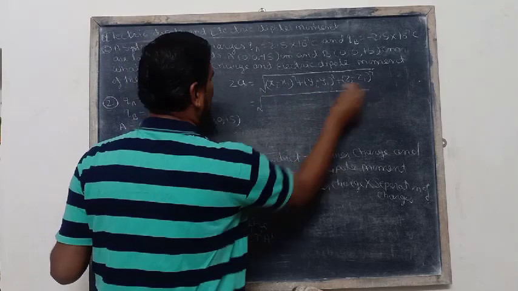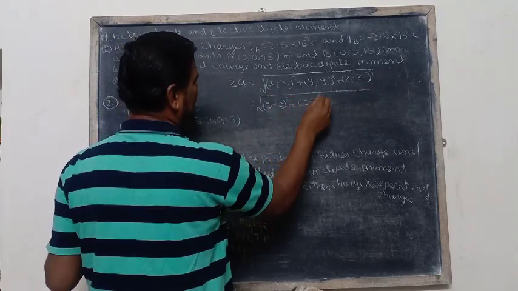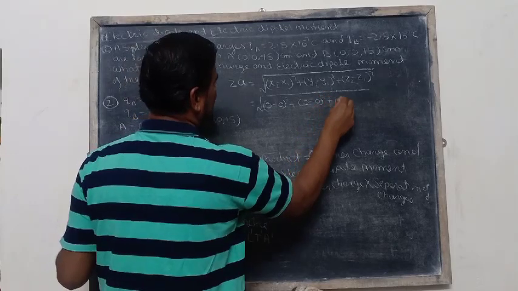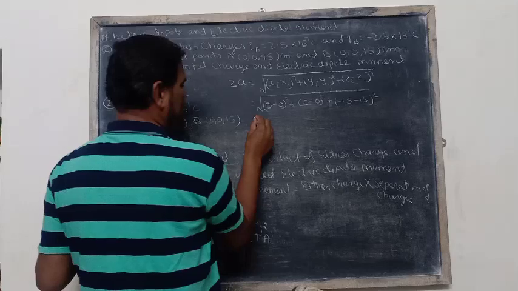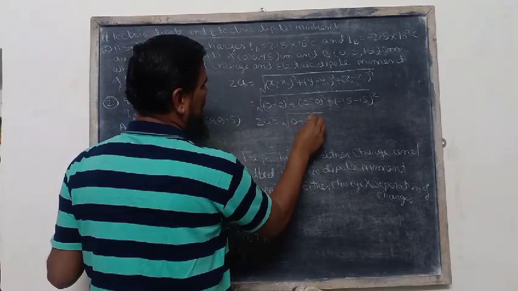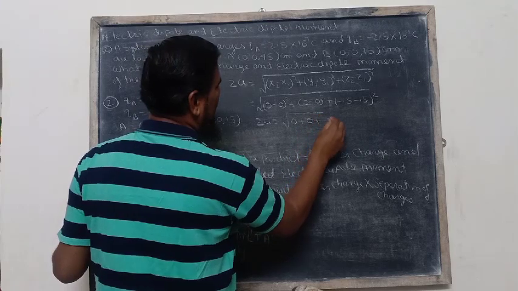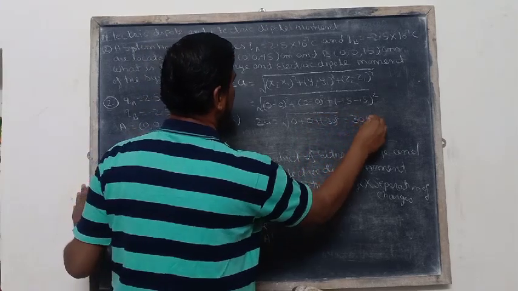Putting in the values, 0 minus 0 whole square plus 0 minus 0 whole square plus minus 15 whole square, so the value of 2A will be 0 plus 0 plus minus 30 whole square, and the answer will be 30 centimeter.